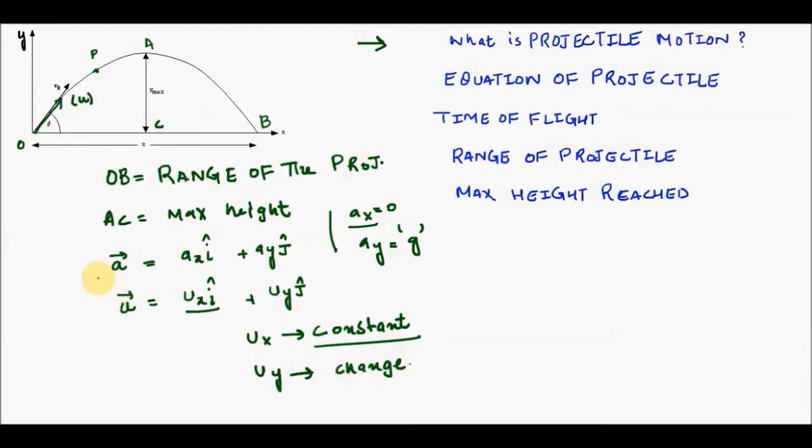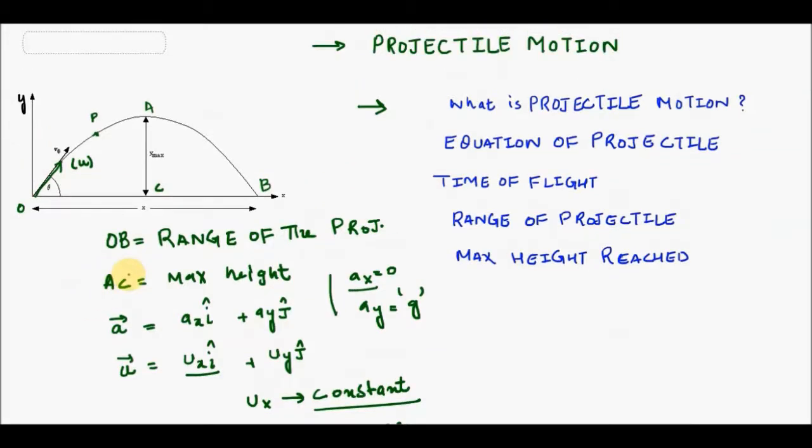Now notice that at this point the velocity has this direction, and I can write its components simply as ux and uy.